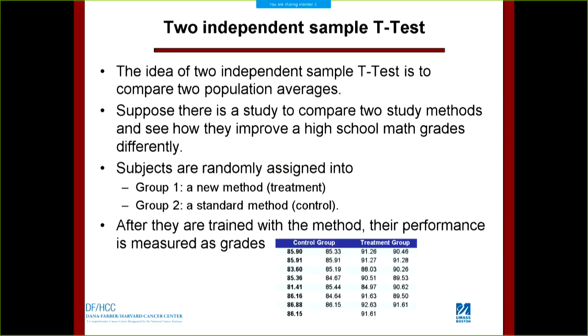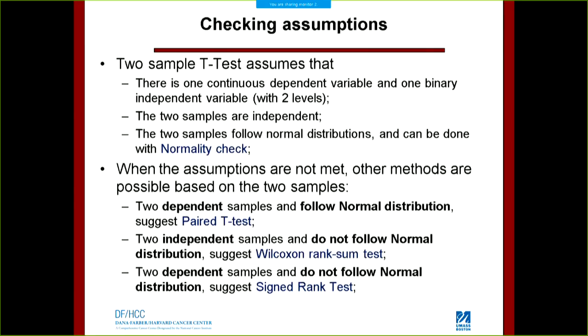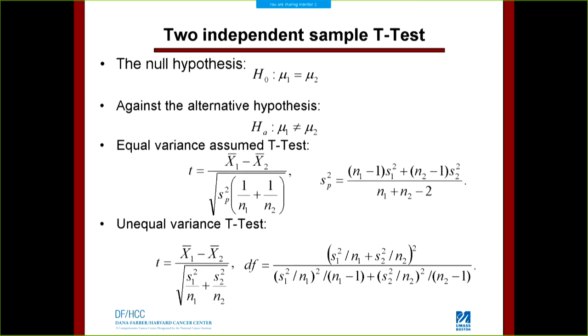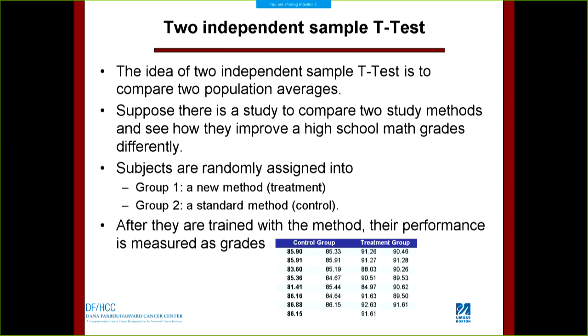After they are trained with these methods, treatment versus control, we record the values, here the math grades. This table presents the simple data with two groups, treatment versus control.